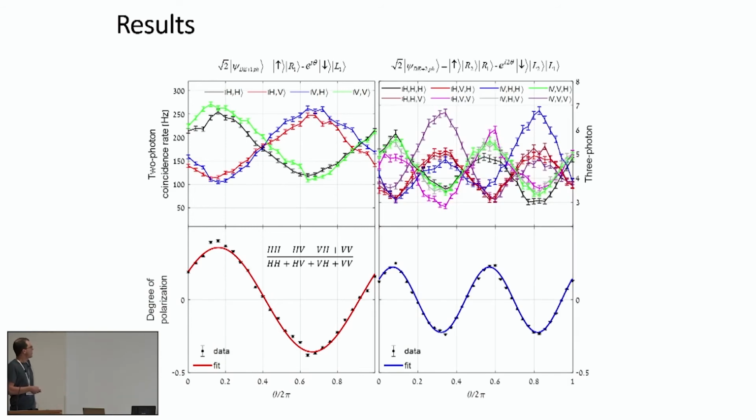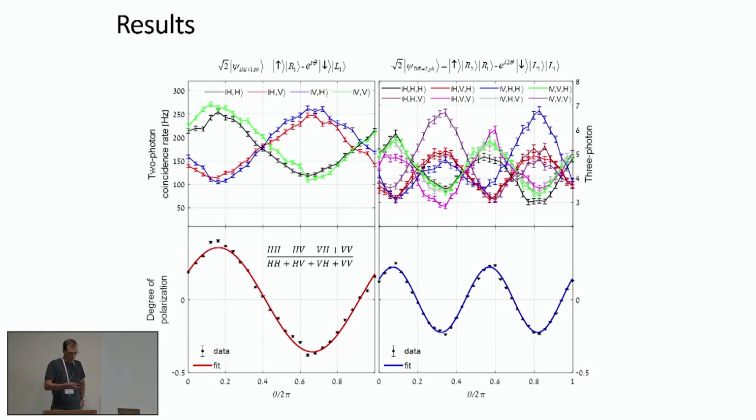Now we repeat the experiment with the GHZ state with the spin and 2 photons, and the phase accumulated is twice theta. And this time we measure 8 different curves. We sum them up in a similar way, and we see a double oscillation.